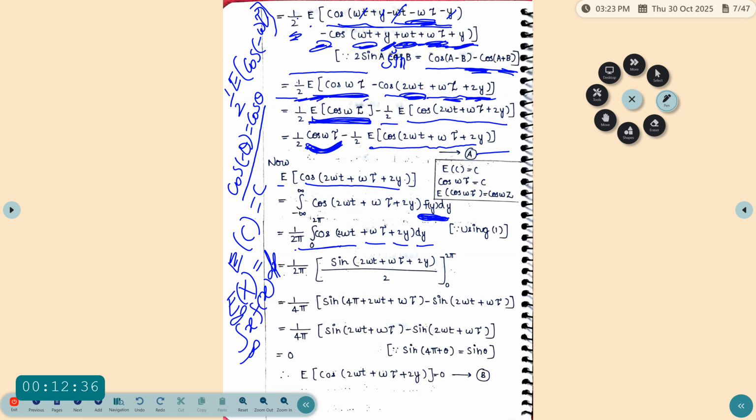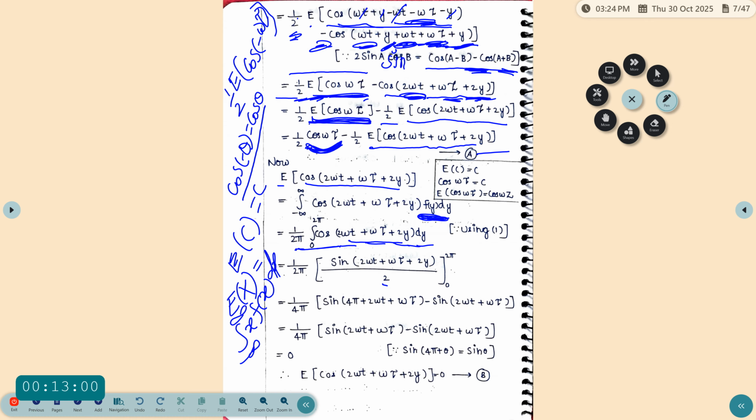This is constant, so taking it outside from the integration term, 1 by 2 pi integral 0 to 2 pi cos 2 omega t plus omega tau plus 2y into dy. This can be written as 1 by 2 pi integral of cos 2 omega t plus omega tau plus 2y dy, which means sin 2 omega t plus omega tau plus 2y whole divided by 2.